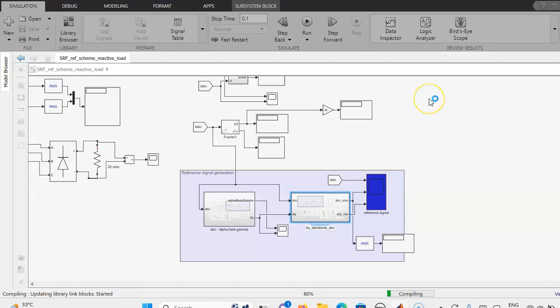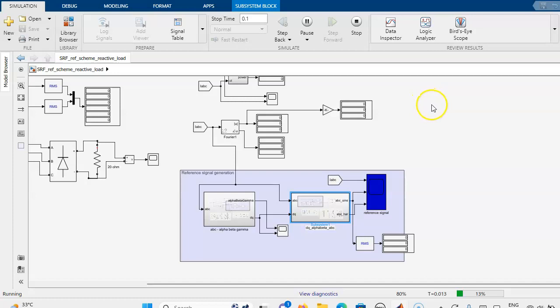So when we are adding the inductive load, in that case whether the SRF theorem can be applied for the reactive load. Now if you see here, the phase angle is minus 19.87, and the RMS value of the reference signal generation is 50.62, but our fundamental component is only 41.23.